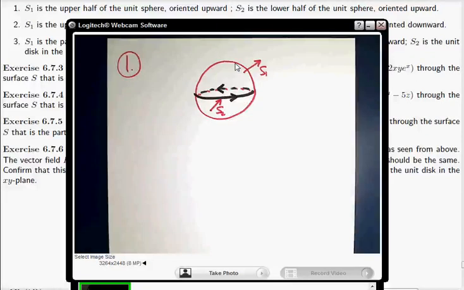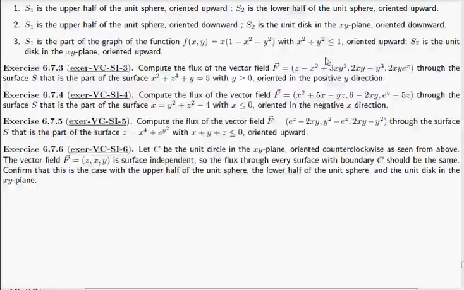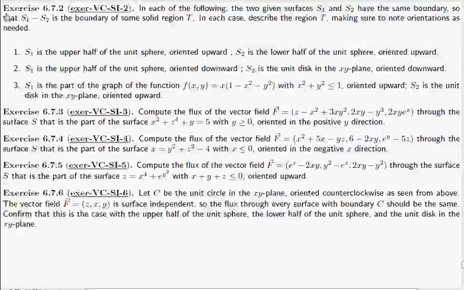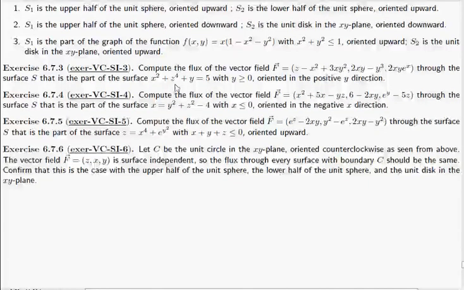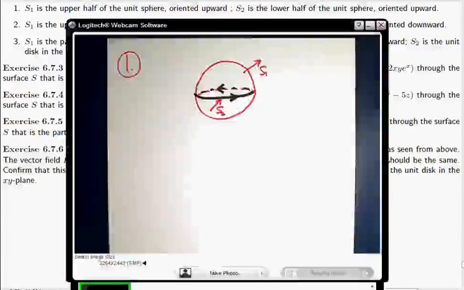So now the question is, let me go back to the statement here. S1 minus S2 is the boundary of some solid region. So we want to think about S1 minus S2 and what solid has that as its boundary. Okay, back to the picture. Let's try to draw a picture of S1 minus S2.